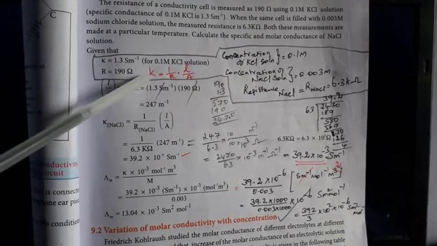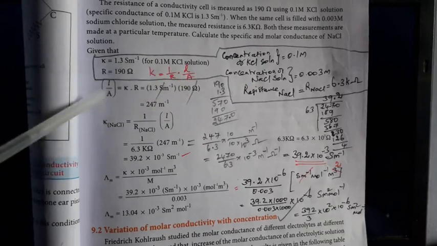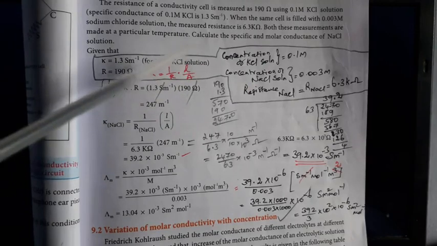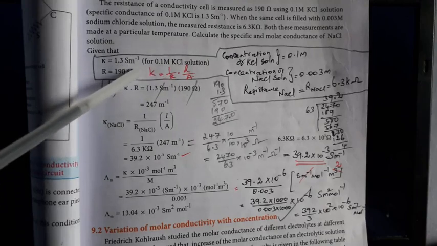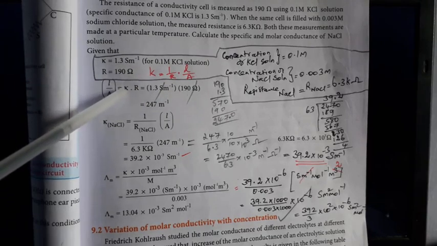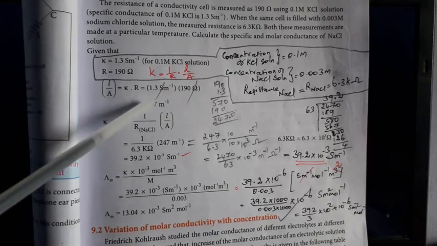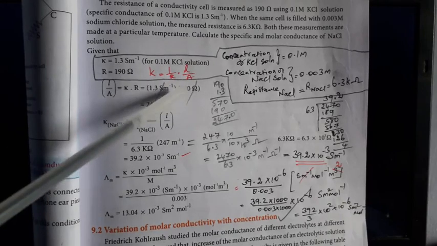Now kappa is equal to 1 by R into L by A. This is the formula. So we find the L by A value is equal to kappa into R, the R is brought to the left side in the numerator. So kappa into R is equal to 1.3 S m power minus 1 into 190 ohm.